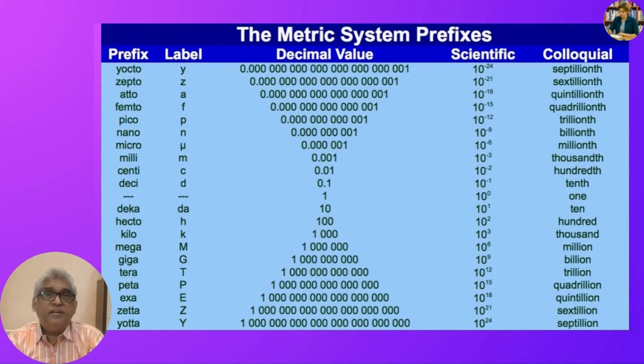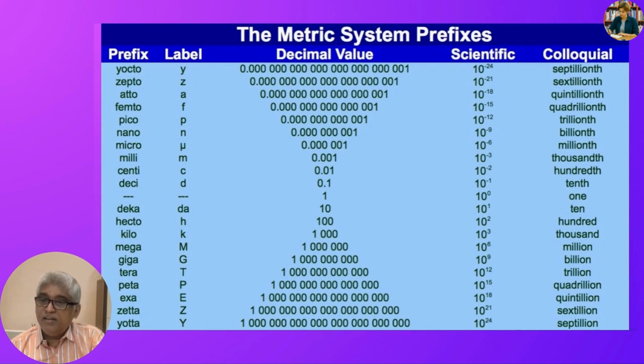So, for conversion from one system to another, we use different conversion factors, and these conversion factors are expressed with the help of some prefixes. So look at this diagram. This is the metric system prefixes, where deci, centi, milli, micro, nano, pico, femto, atto, etc. are mentioned.